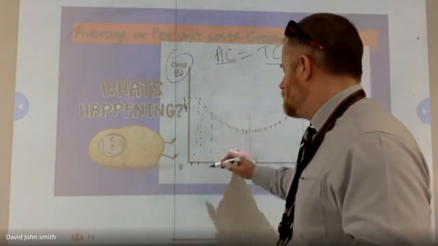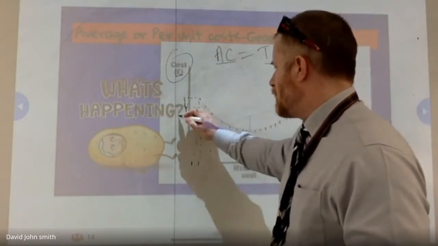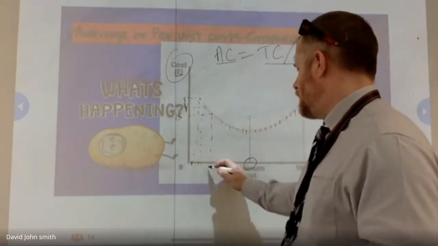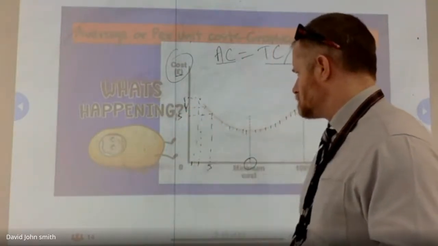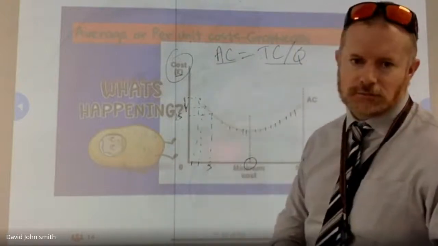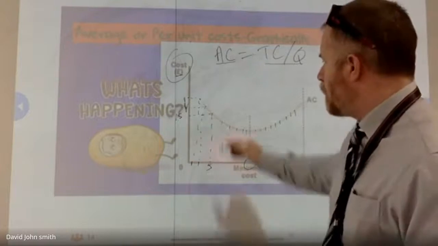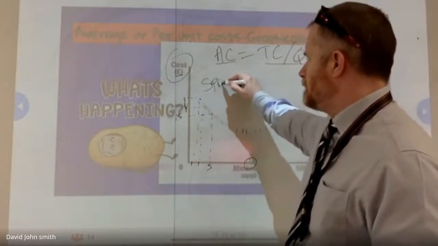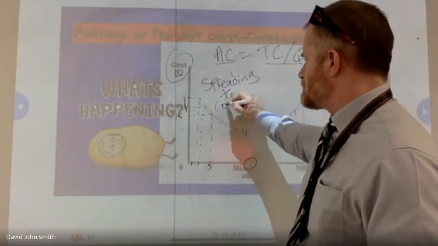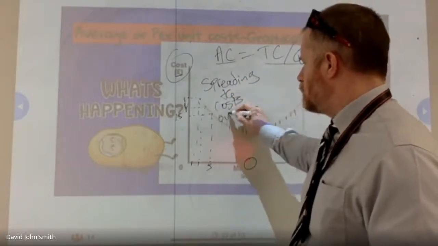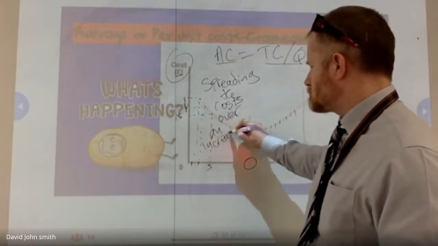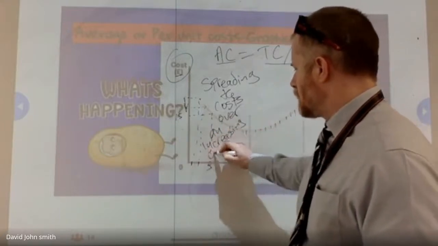So here, there's your average cost. So that might be 15, and you might be making 5. So 15 times 5 will give you the total cost. The idea is what we're doing is we're spreading the costs over an increasing output.